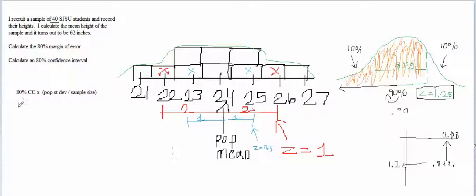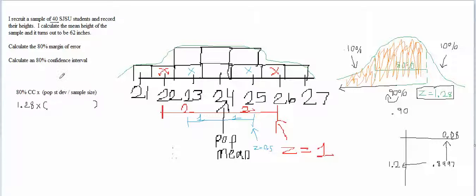So we would plug in the 1.28 for our 80% confidence coefficient. We would multiply that by the population standard deviation over the square root of sample size. The problem is, how do we know what the population standard deviation equals?